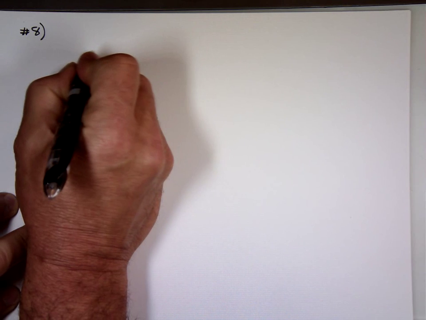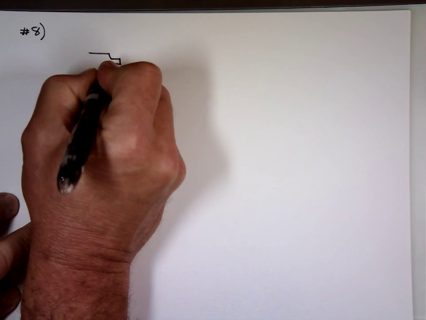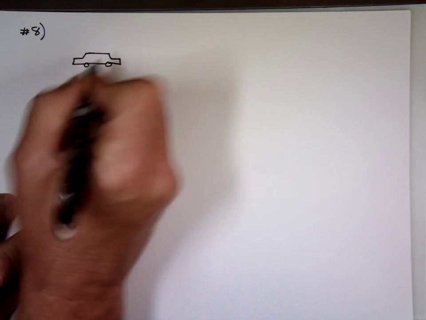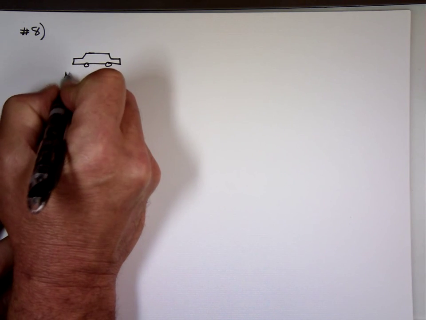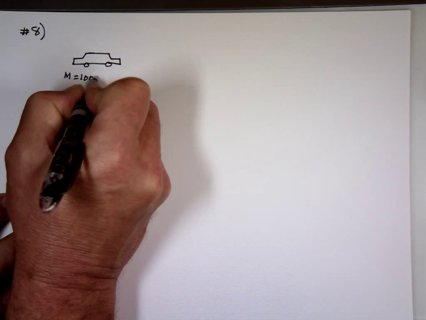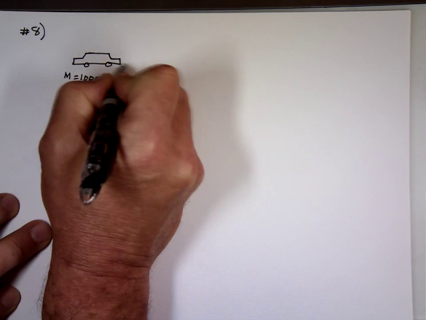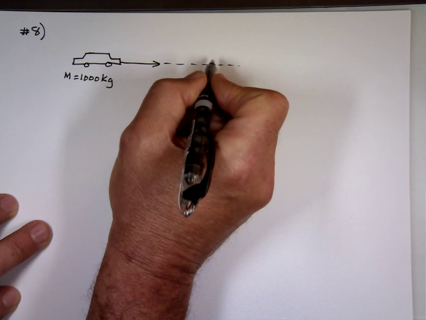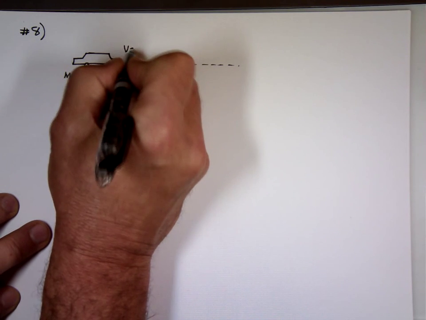We have a car approaching an intersection. The car has a mass of 1,000 kilograms and it's moving in this direction toward the intersection with a speed of 10 meters per second.